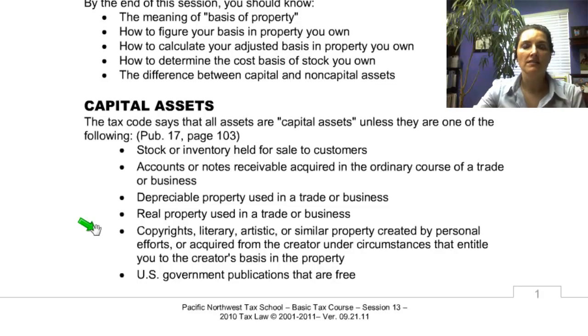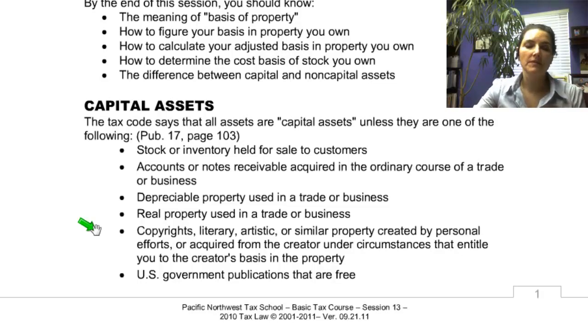Well, that song is not a capital asset to you. And if you give it to a friend or a relative, then it's not a capital asset to them either, because it was a product of your labor. Conversely, if you produce a song and then you sell the rights to that song to a music company, when a song arrives at that music company, that song is now an asset of theirs.